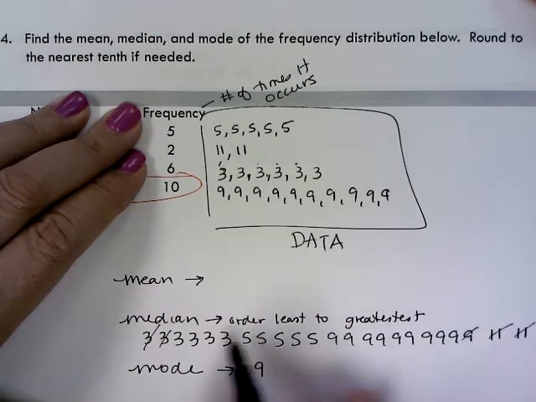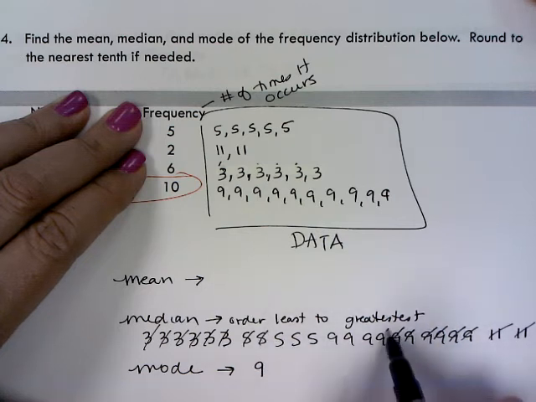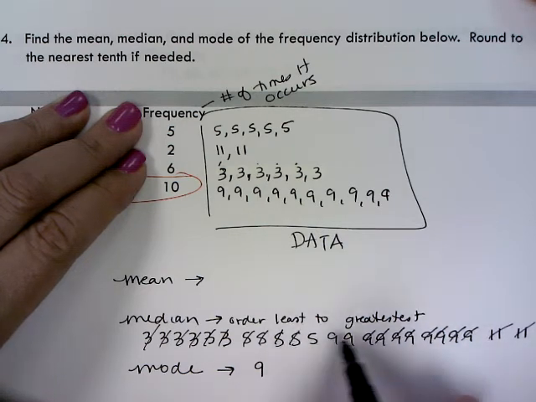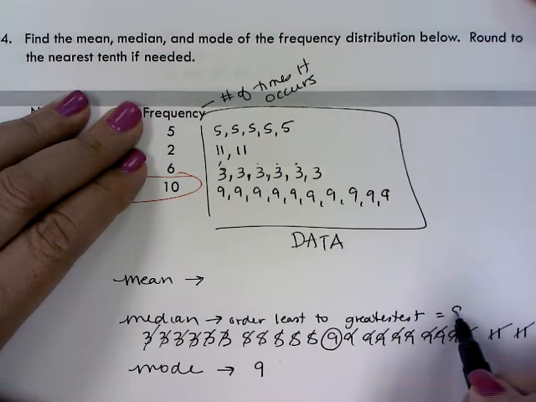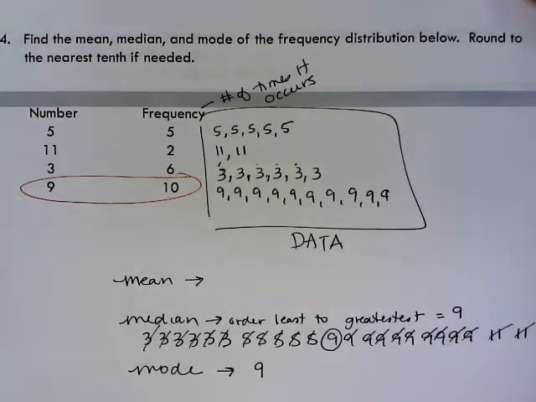That's what the median is when they are in order. So my median is 9.